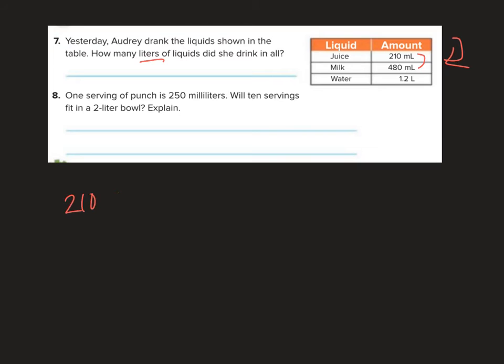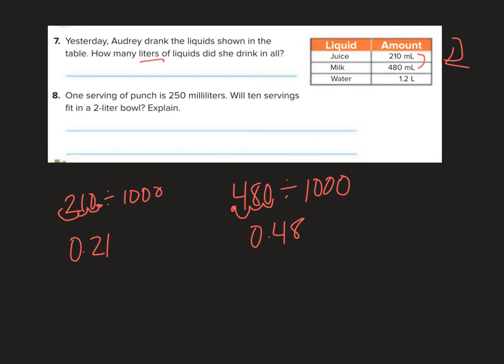So I need to take 210, divide by 1,000, and I need to take 480, divide by 1,000. Okay, so that means move that decimal point, which is always right after the ones place. 1, 2, 3, so I get 0.21. And 1, 2, 3, so I get 0.48.